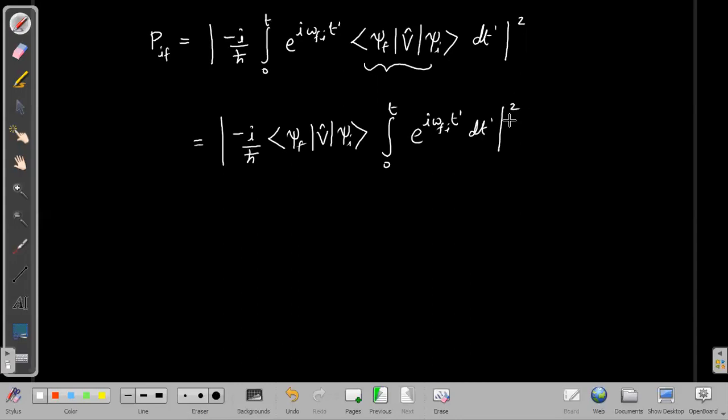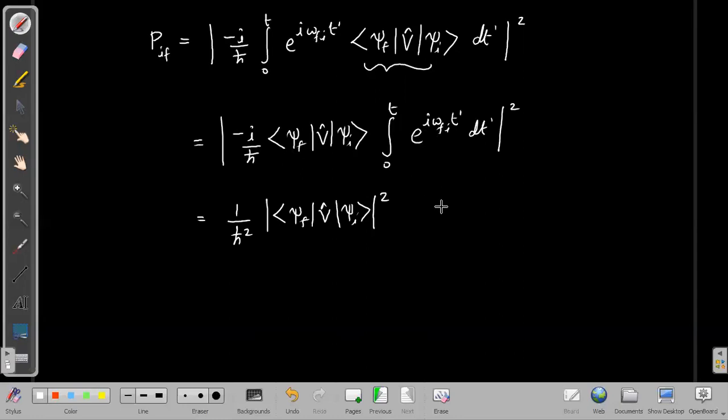Minus i mod square will be plus 1, so 1 by h bar square, then the inner product psi f V psi i mod square.